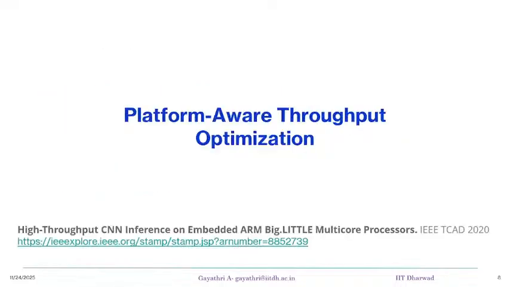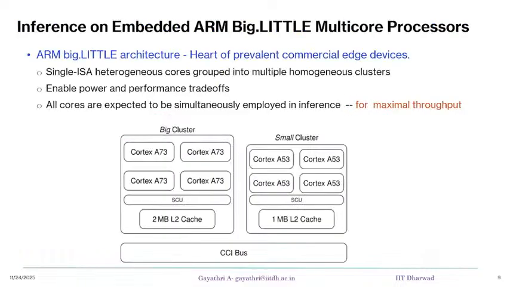So the first thing that we're going to talk about is an architecture called ARM big.LITTLE. Basically this is in most of your mobile phones, right, where you see the Snapdragon and Exynos.